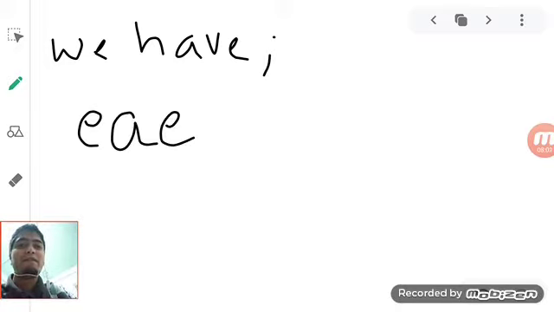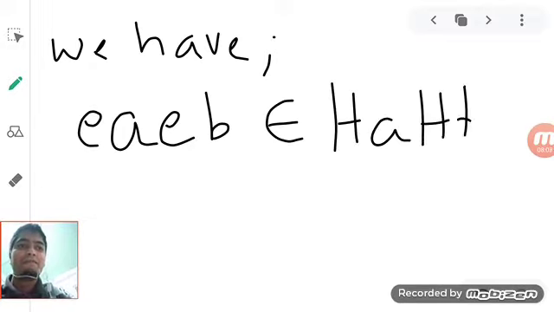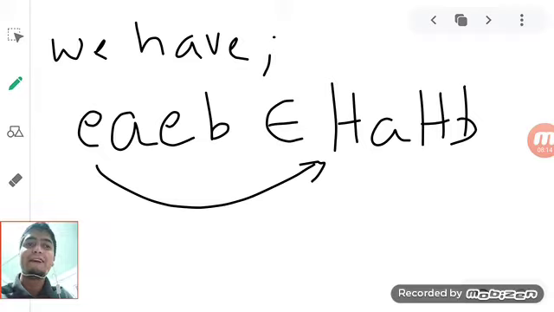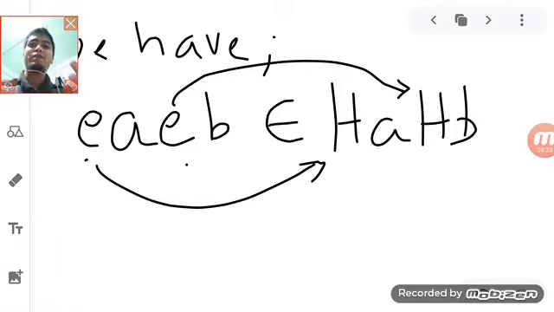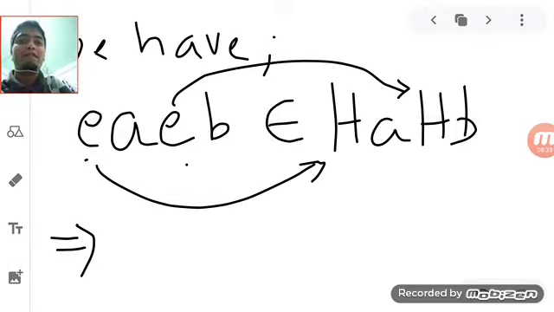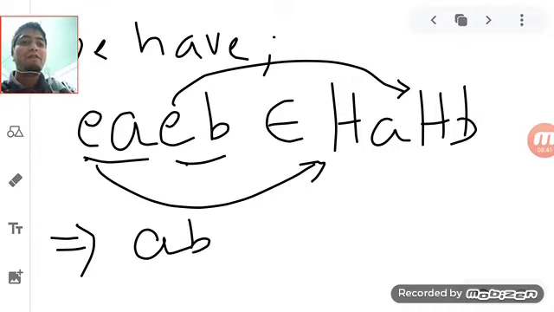So e a e b belongs to HAHB because the identity element is in H. Similarly, this identity element is in H. Over here we are using the same element, but sometimes we have to use different elements that belong to H. But over here, the same element, the identity element, will work. So e combined with a gives a, e combined with b gives b. So ab belongs to HA, HB.